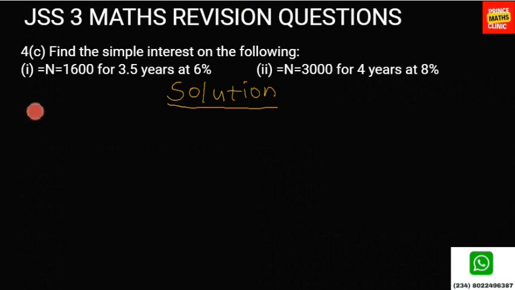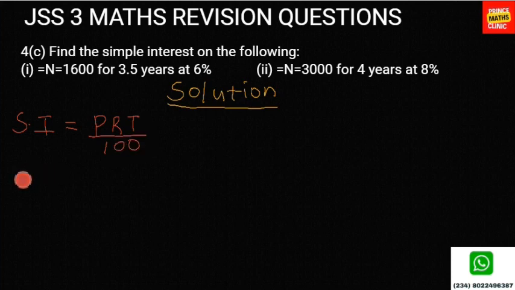Good. And here we have to find the simple interest on the following. The formula for simple interest says that principal times rate times time, all divided by 100. So in the first question, our principal is 1,600.